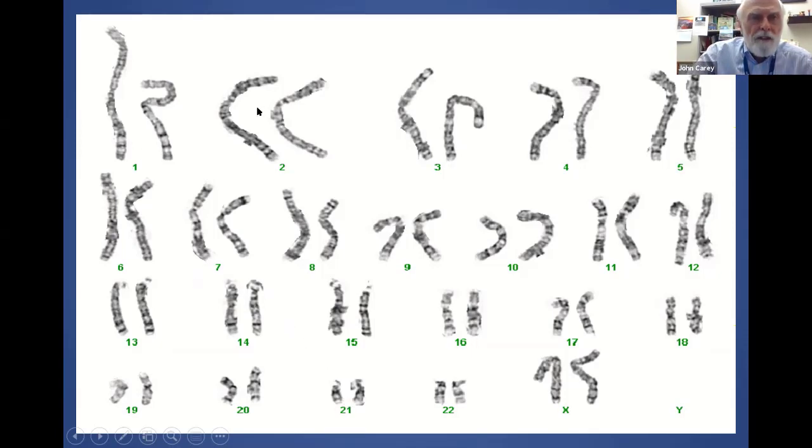Notice the stripes on the chromosomes. They're called bands. Every chromosome has its own banding pattern because the stains that they use, and there are several stains, I won't go through them, the stains they use to arrange this for us are non-randomly connected with the DNA that's on that chromosome.